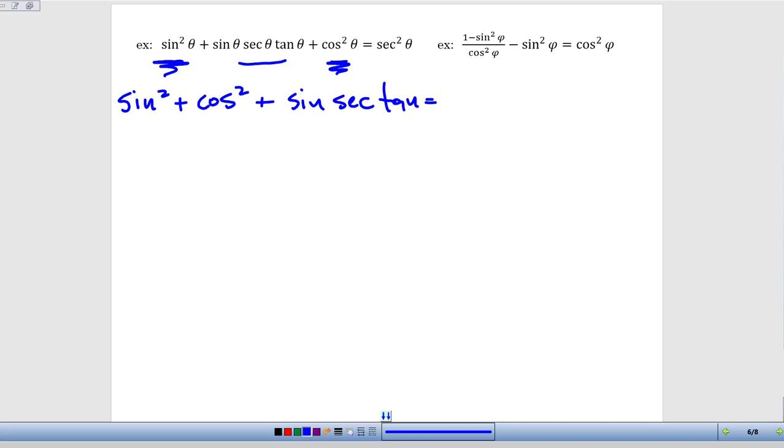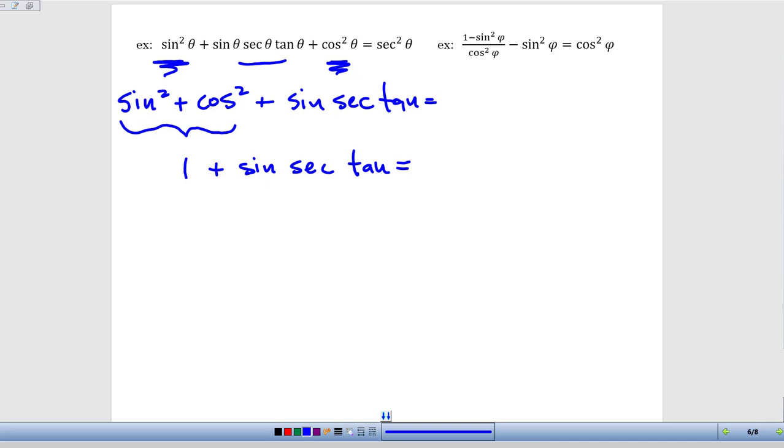And so the reason I've rewritten it this way is because this is the first spot where I'm going to be able to take advantage of one of our Pythagorean identities. Because if we recall from the original, sine squared plus cosine squared is equal to 1. So I'm going to take that and make it 1 plus, and now sine times secant times tangent.